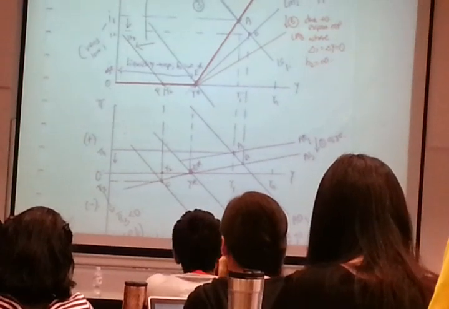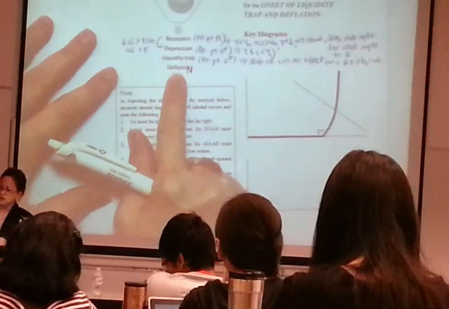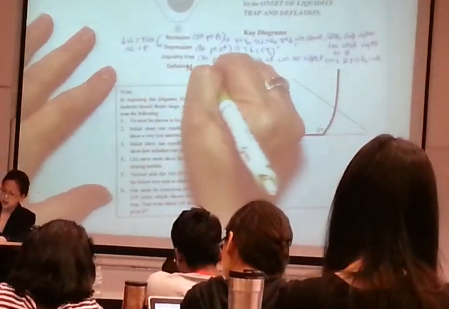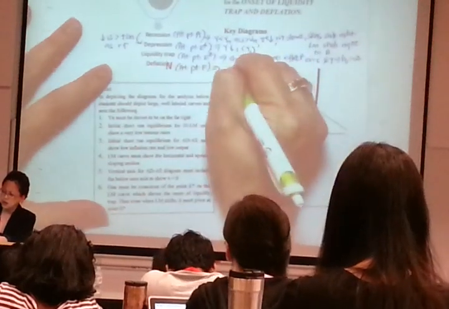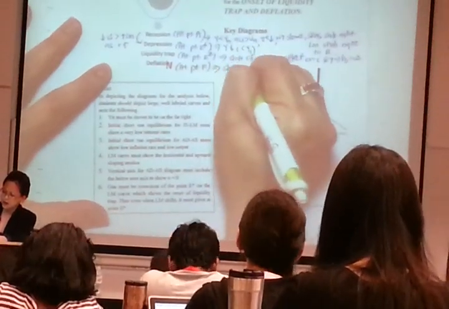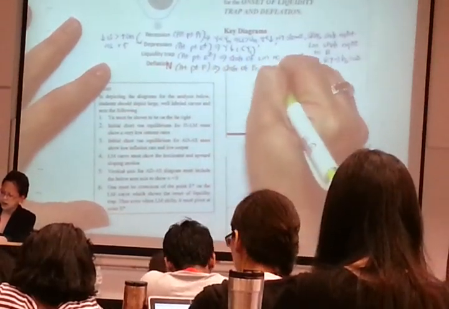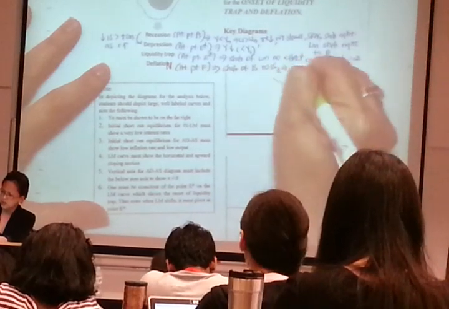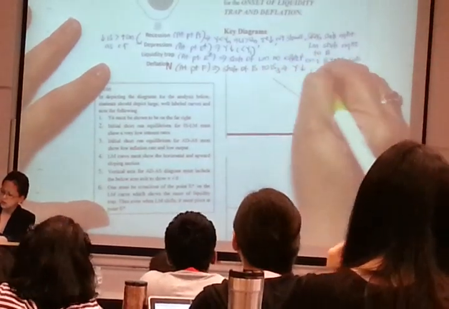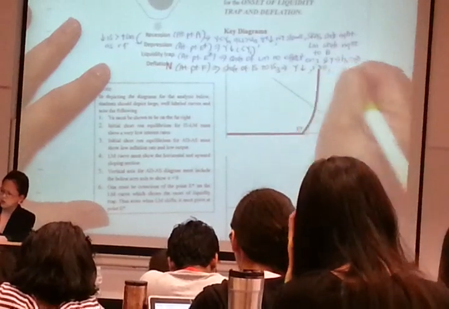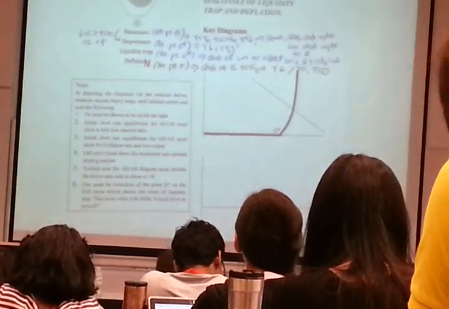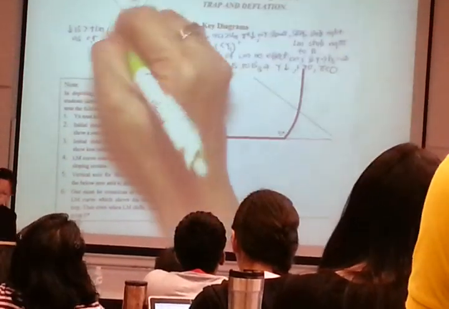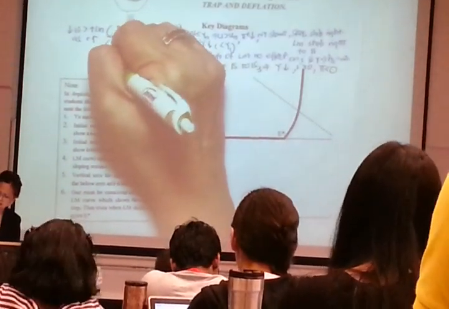So a liquidity trap, let's go back to the note here, will result in a deflation, where you are at point F. This is because there was a shift of IS to IS2. So income continues to drop. Interest rate is near zero, but pi is negative. So you could see it is by stages.